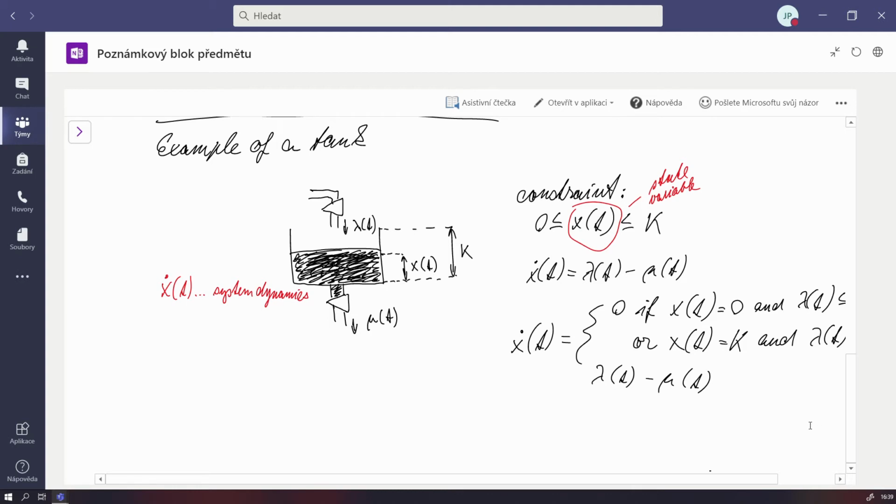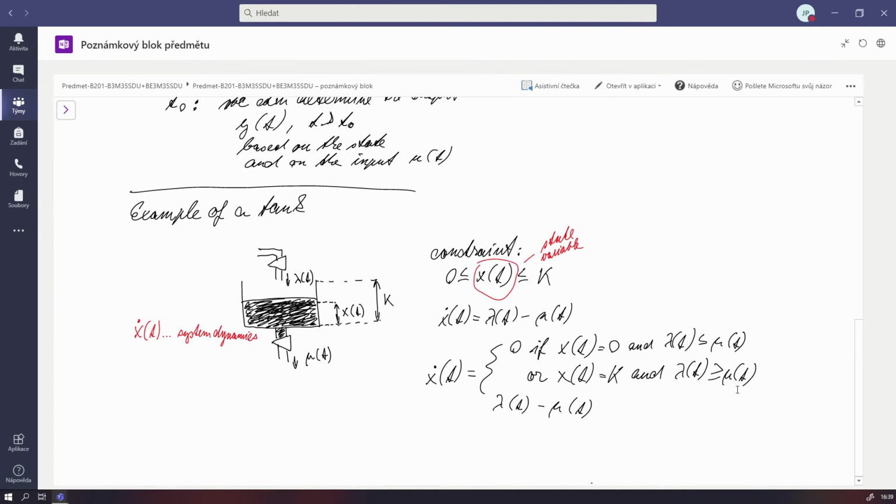So let's have a sample path like this. This picture represents various sample paths 1, 2, 3. So the evolvement of the state variable over the time, depending on the evolvement of the input over the time.